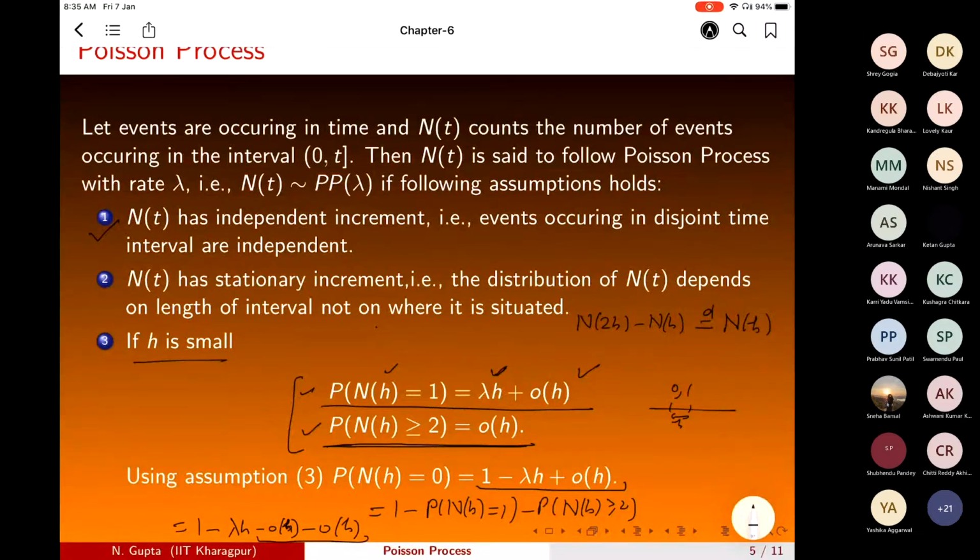And if we assume this, then probability N(h) equals 0 is 1 minus lambda h plus small o(h). Is it okay? Yes, sir. So that is the assumption basically we are taking. So these are the assumptions of the Poisson process.